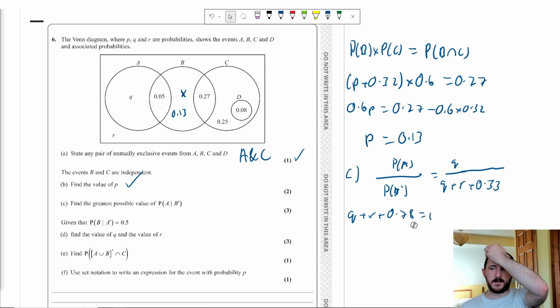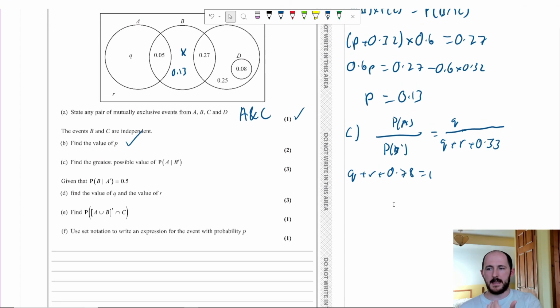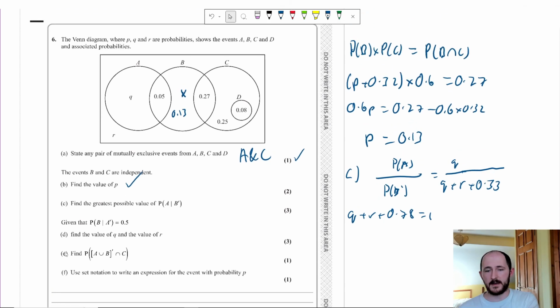So when it comes to Venn diagram questions, always use the whole independent thing, but also use that the probabilities add up to 1. If I don't actually need it for part C, I'll probably need it for part D, E, or F. So that means Q plus R has to equal 0.22. I promise you I can do basic maths.